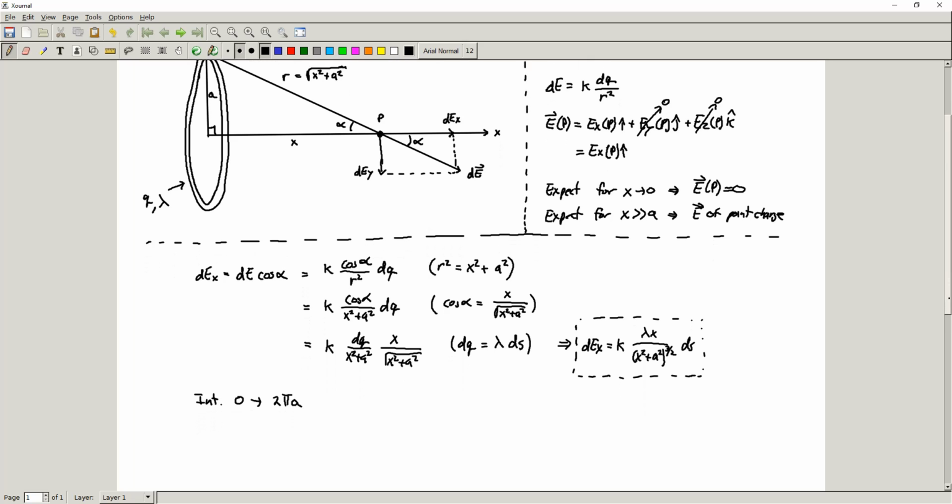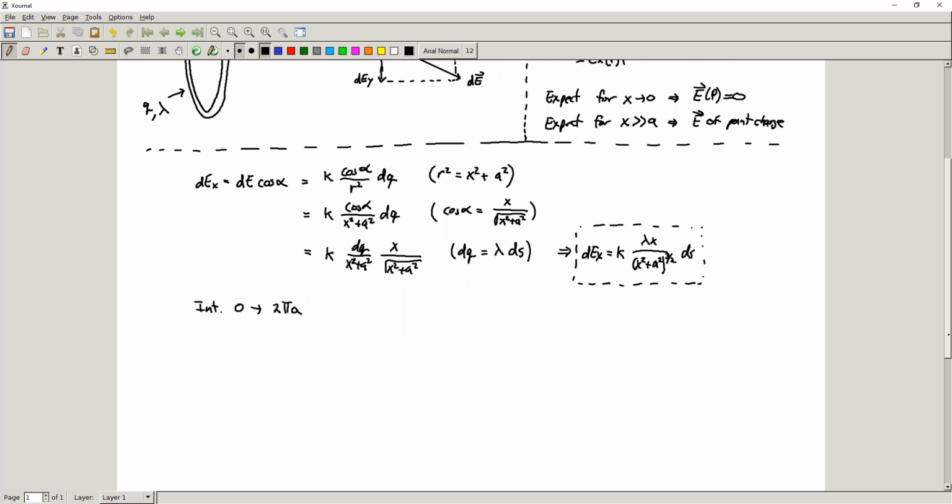And let's write that integral out. So we're going to see that Ex is equal to the integral of dEx, and I'm going to write it in terms of a definite integral. We can factor a bunch of this stuff out. We're basically only integrating over s, and so basically everything comes out.